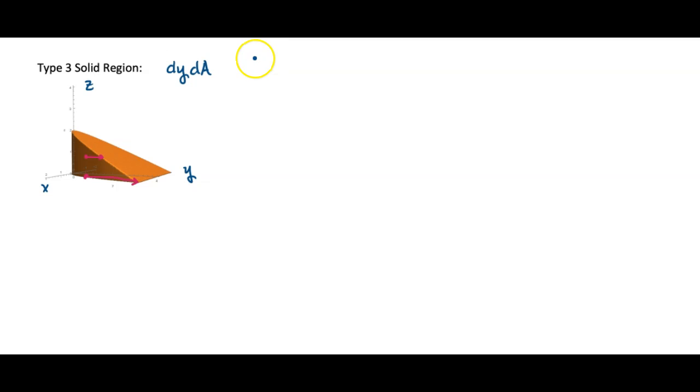And this was the line. Let's just remember that this is y equals x squared, z equals 0, y plus 2z equals 4.